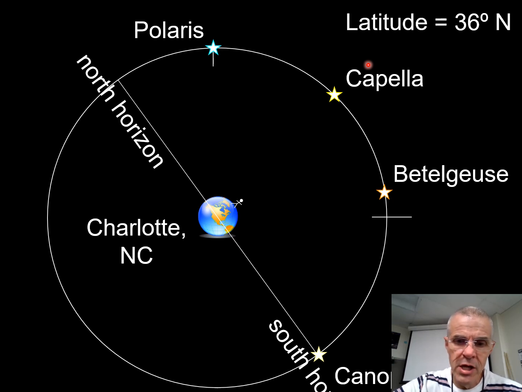Notice now Capella and Betelgeuse are both high in this observer's sky. Polaris is kind of low, 36 degrees above the north horizon. And Canopus would be right on the border, hard to see, right on the horizon.